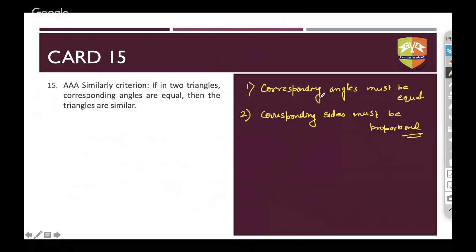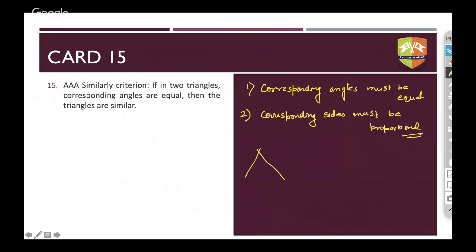Now you don't need to check each and every criterion for checking the similarity of two triangles, so you can eliminate some requirements. There are 6 criteria: 3 angles and 3 proportional sides.